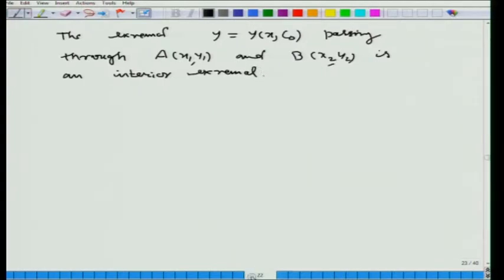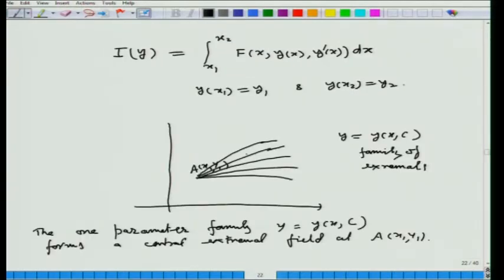So, that means here this extremal, which is A B, x 2, y 2, is the extremal having the equation y equal to y of x, c 0.